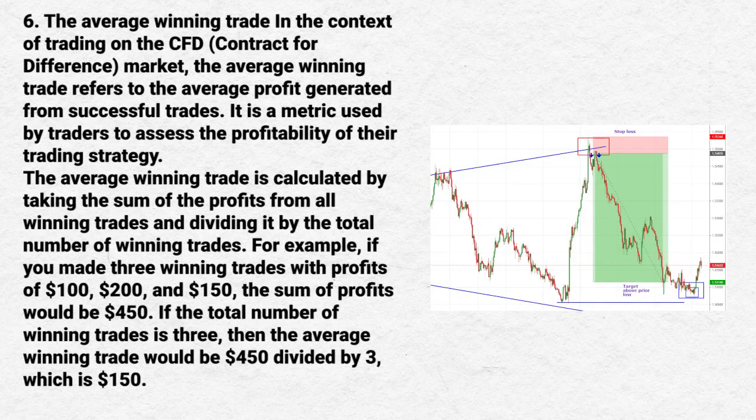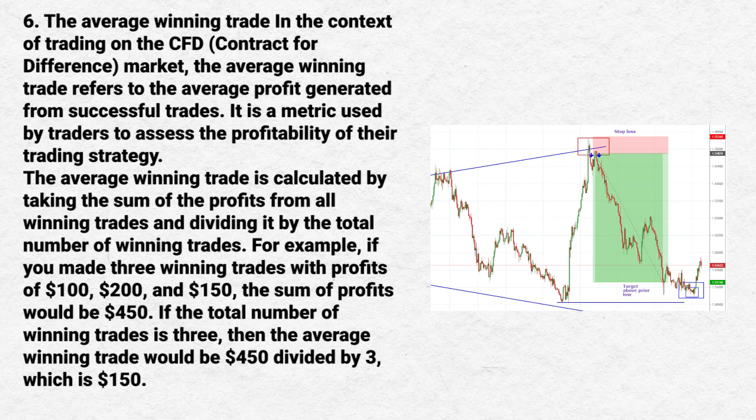6. The average winning trade. In the context of trading on the CFD markets, the average winning trade refers to the average profit generated from successful trades, and it's a metric used by traders to assess the profitability of the trading strategy. The average winning trade is calculated by taking the sum of the profit from all winning trades and dividing it by the total number of winning trades.